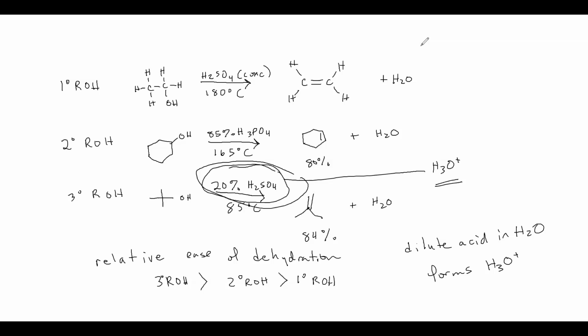Okay, and then before we actually write a mechanism, I just want to point out one other thing that we're going to be watching out for. We're going to see that in some cases, the carbon framework of a molecule can rearrange when we're doing these dehydration reactions.